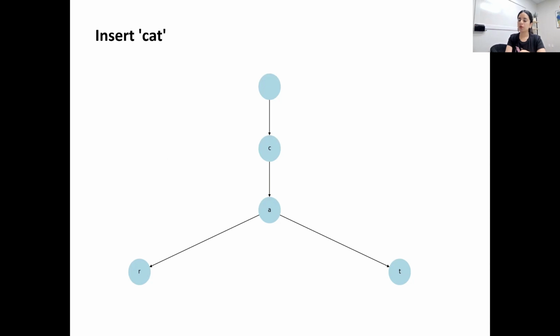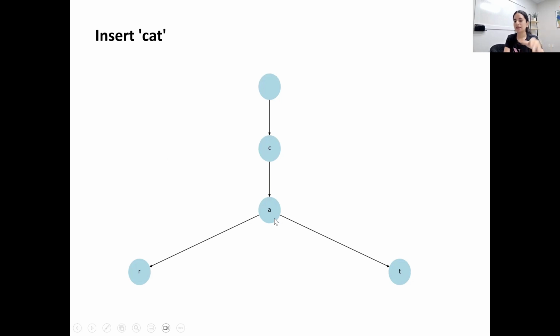And then afterwards, you're again going to check whether A has any child with the letter T. Since we inserted R here, we do not have a node, basically a child of A, which is the letter T.